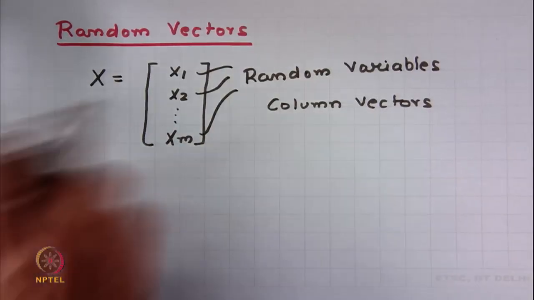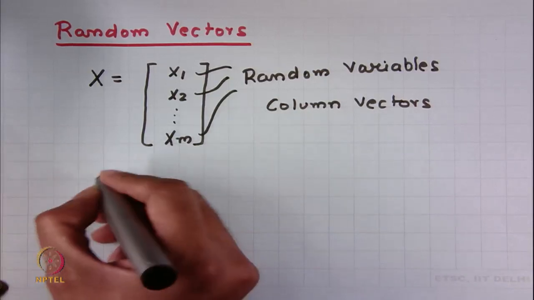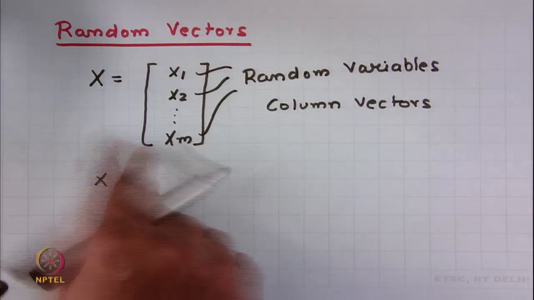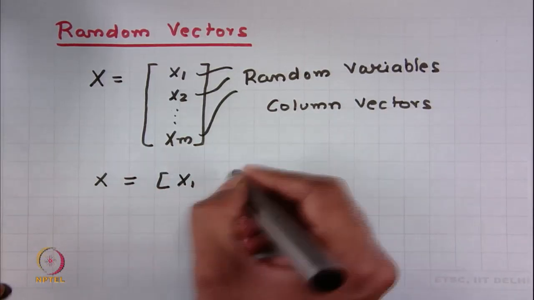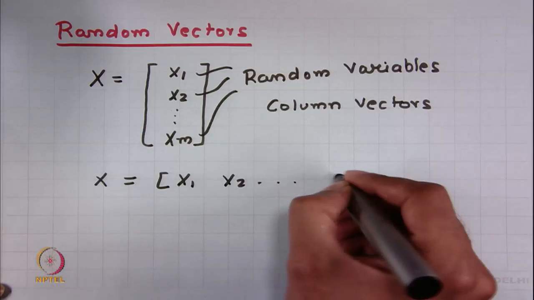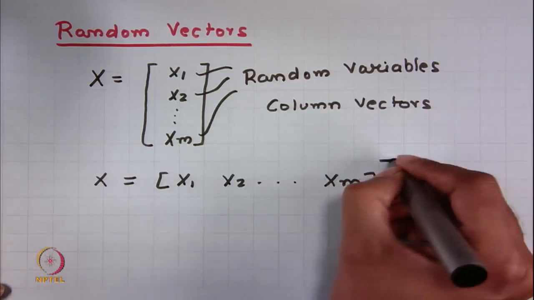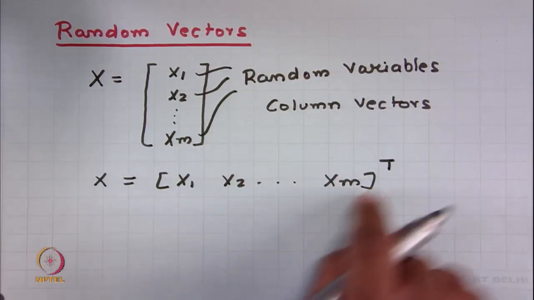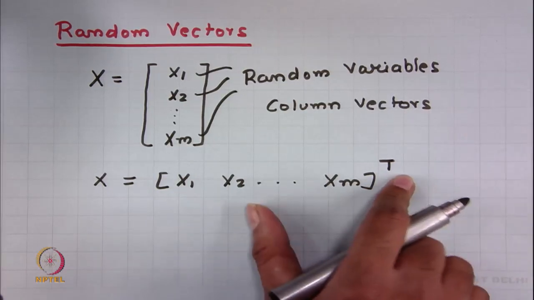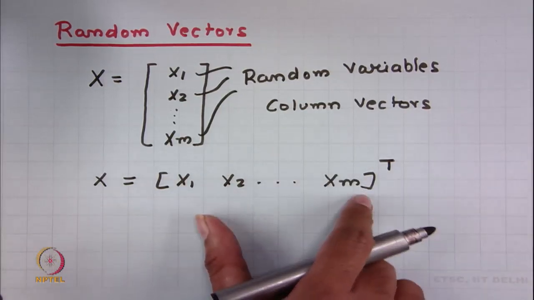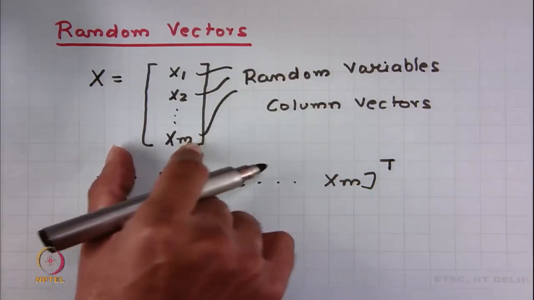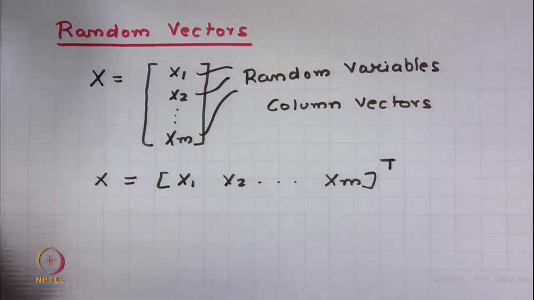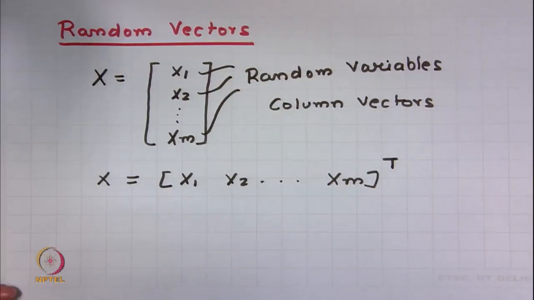So, this is the same thing that we would follow. Because it consumes a lot of space to represent a column vector like this, a column vector is also written by writing it as a row vector and then taking a transpose, so that it is a column vector. This is more space efficient, and hence a column vector is mostly represented like this. We will use this notation because it is easy to see that this is a column vector.